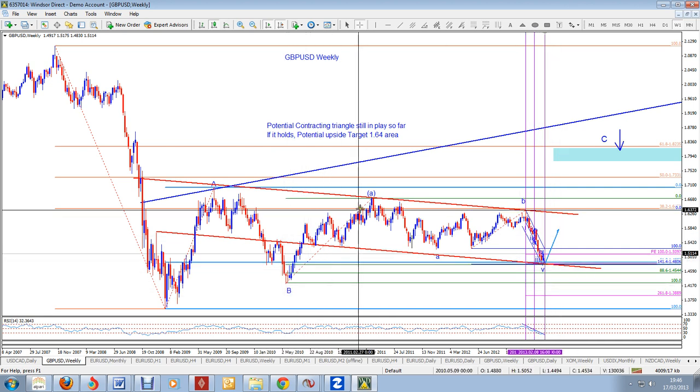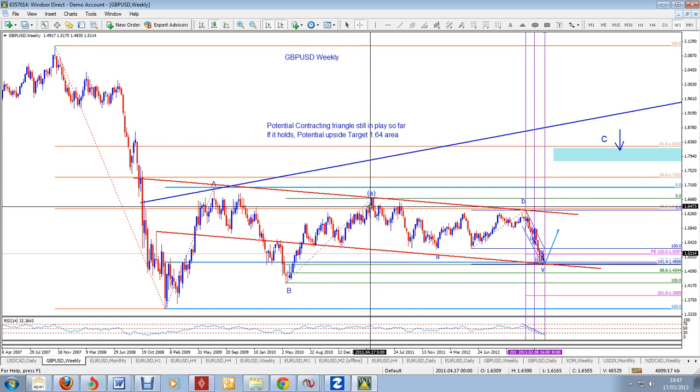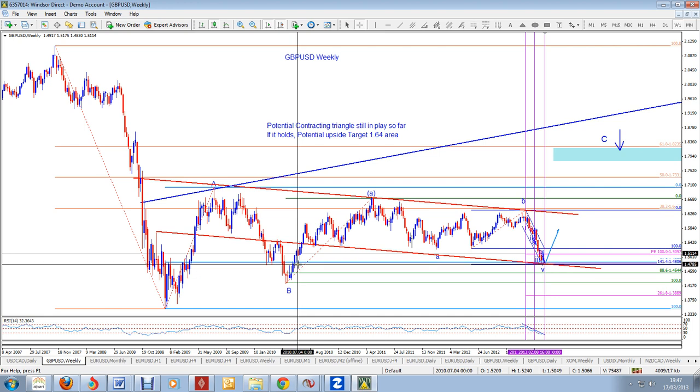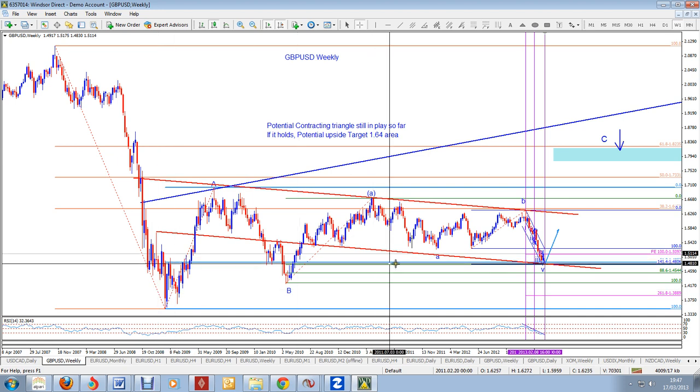But more importantly, we had this leg up from May 2010 up to the high in April 2011, and if we do a Fibonacci retracement, we've come into a 61.8% retracement, and also if we do this leg up, then again we come into a 61.8% retracement.